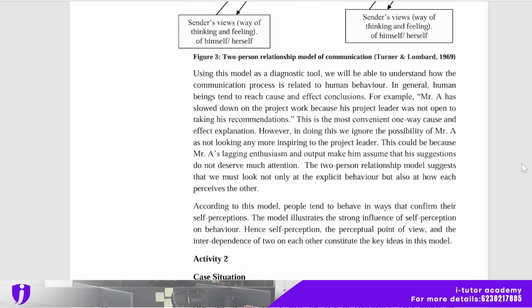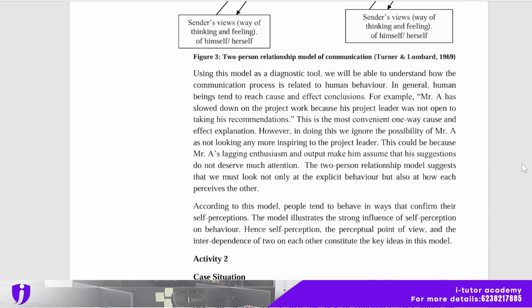Using this model as a diagnostic tool, we will be able to understand how the communication process is related to human behavior. In general, human beings tend to reach cause and effect conclusions. For example, Mr. A has slowed down on the project work because his project leader was not open to taking his recommendations.